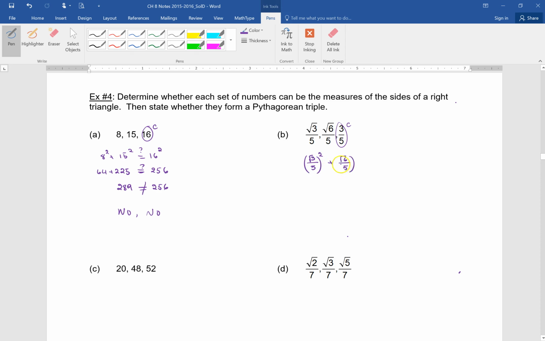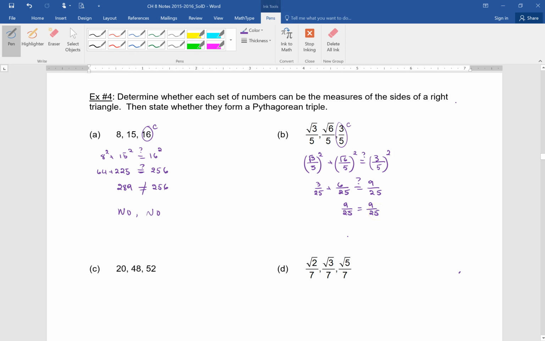So we square both of them. Is that equal to the square of 3 over 5? Here we get 3 over 25 plus 6 over 25. Is that equal to 9 over 25? Yes, 9 over 25 does equal 9 over 25.